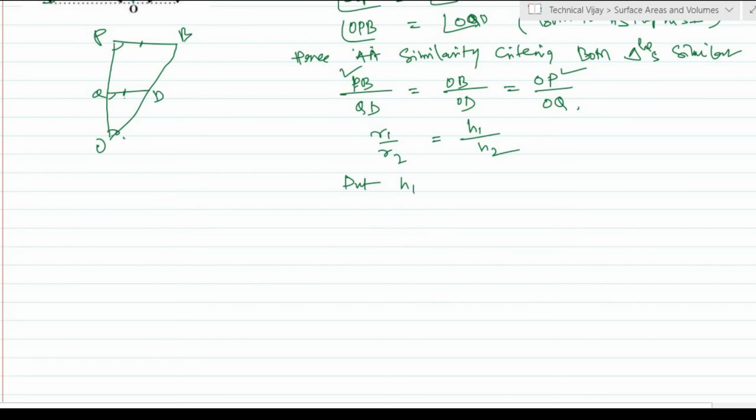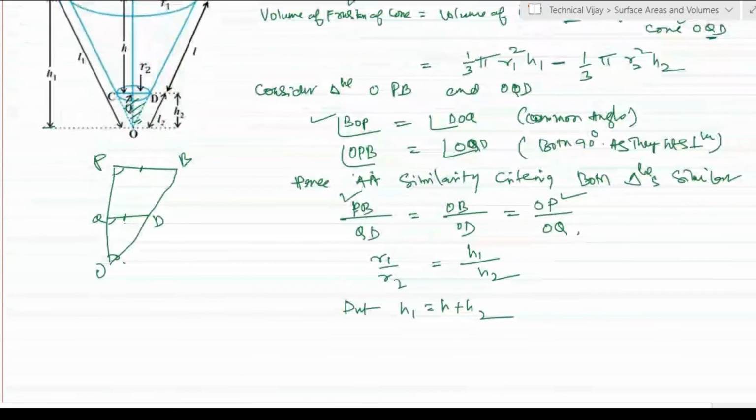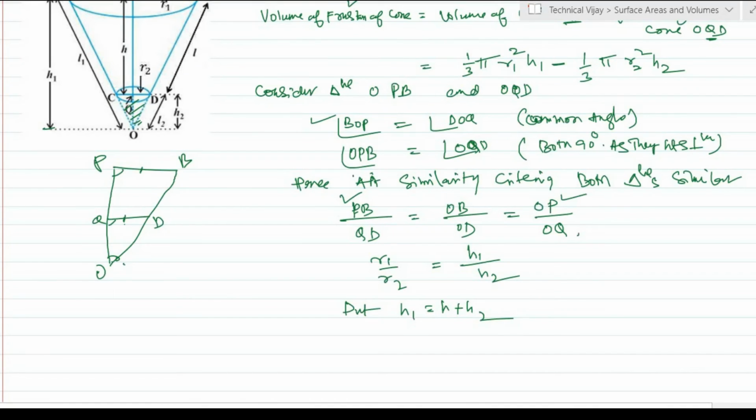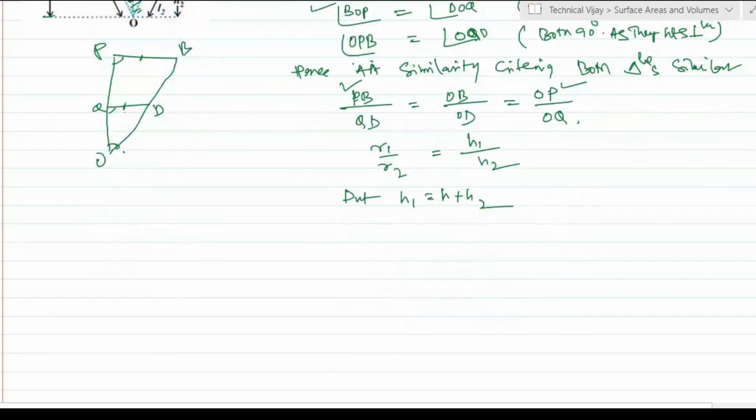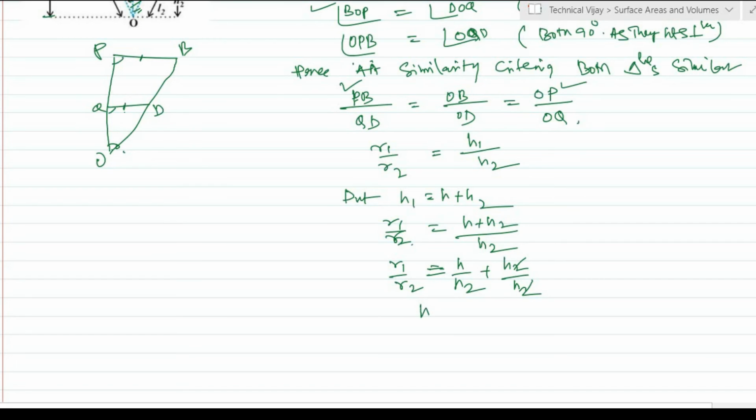Now put H1 equal to H plus H2, because this H1 is the total height, where H is the frustum height. So R1 by R2 is equal to (H plus H2) divided by H2, which is H by H2 plus H2 by H2. The H2 cancels, so H by H2 is equal to R1 by R2 minus 1.